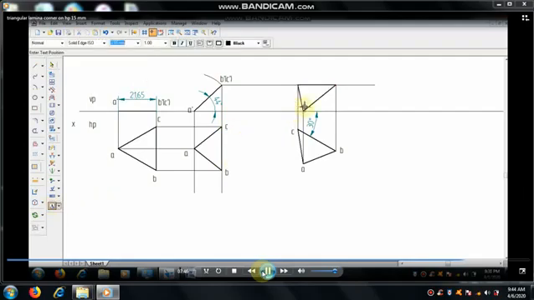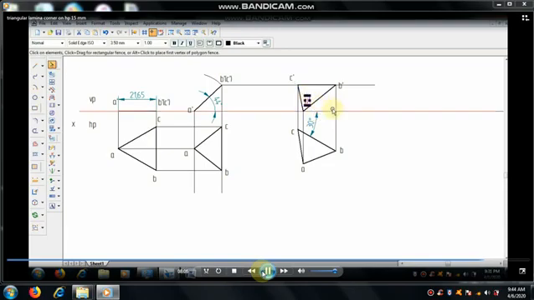Mention the names of the corners A dash, B dash, C dash. Keep it in position.